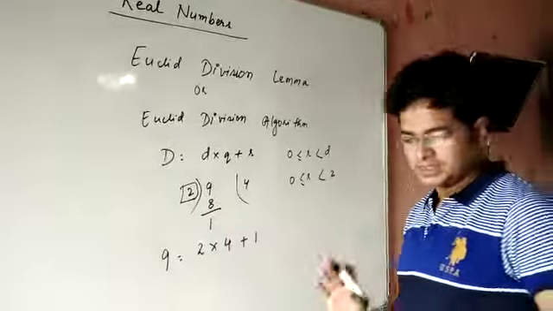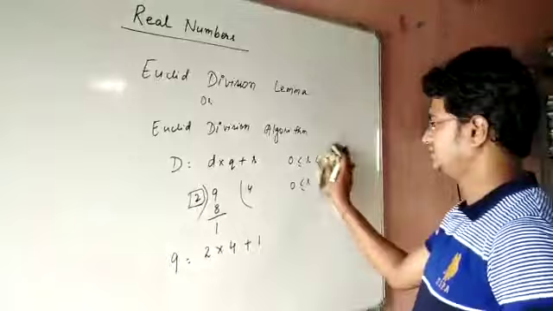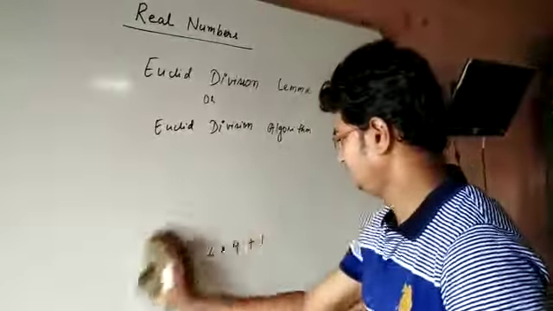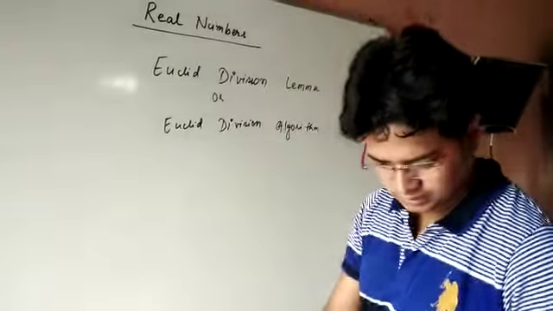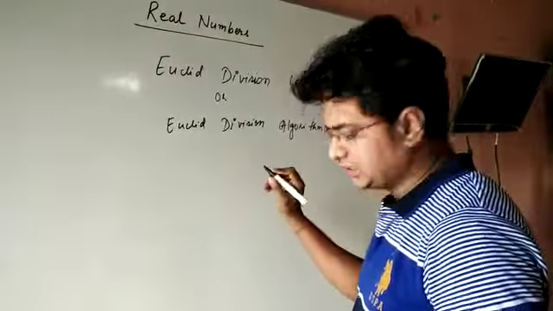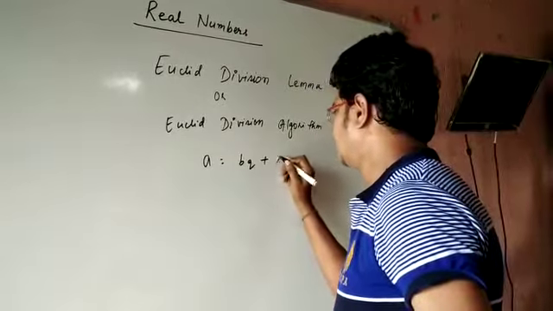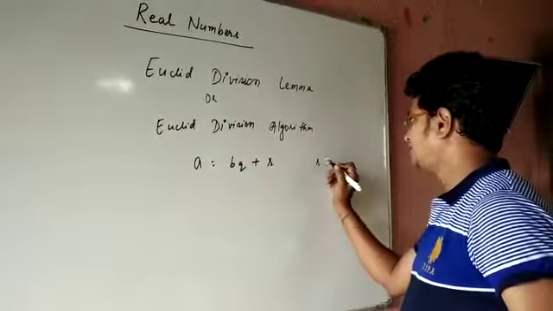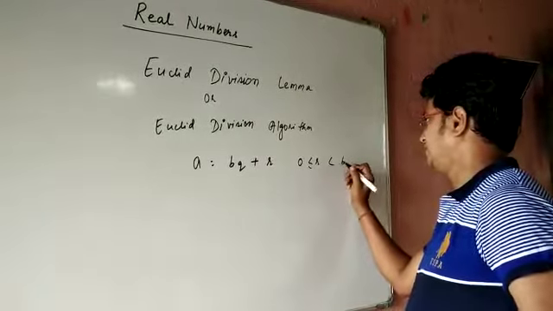Now, if we consider a general equation, the general equation is a equals bq plus r. Here r is greater than or equal to 0 and less than b.